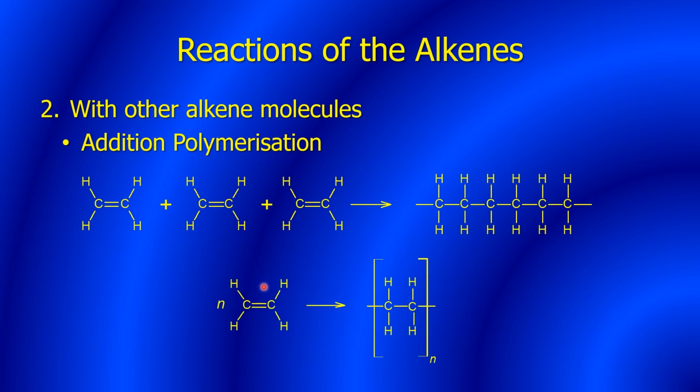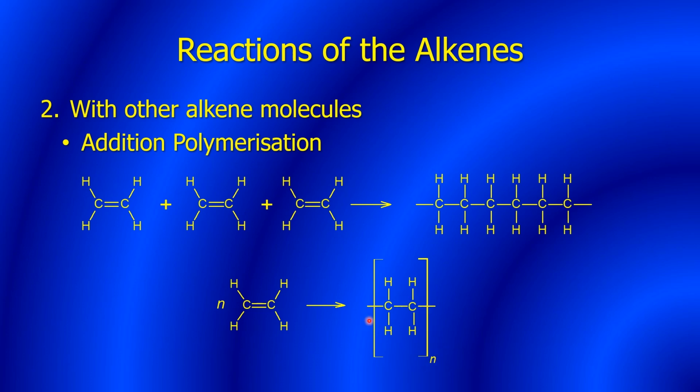This happens huge numbers of times, so if we use the letter N to represent many molecules, thousands and thousands of molecules, what happens is we'd have N ethene molecules reacting to produce this unit repeating itself N times.